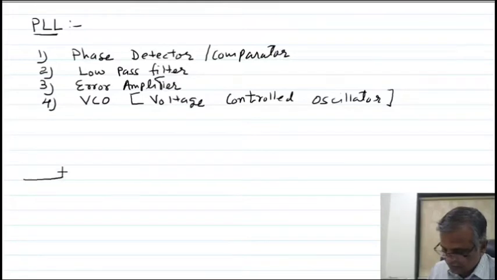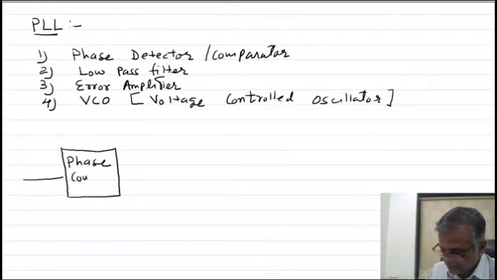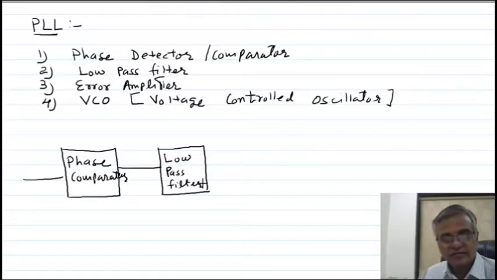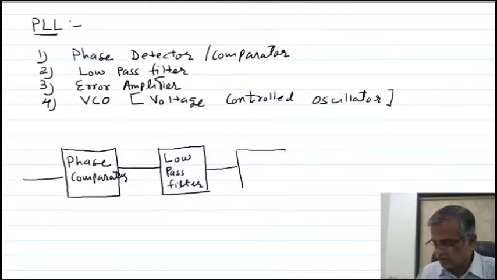This is the block diagram. First block is a phase comparator. Second block is a low pass filter circuit. Third block is known as an error amplifier.